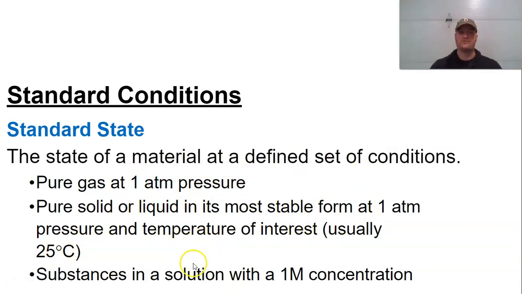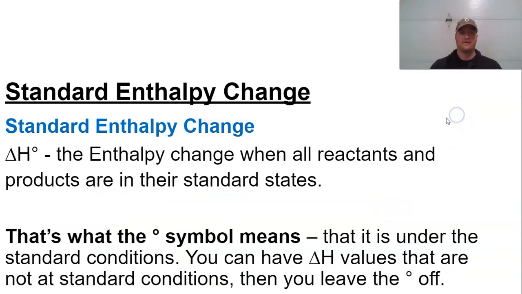So this is our standard state, because then from here, other things can be different based off different pressures, temperatures, and concentrations. So standard enthalpy change, you see that little symbol that looks like a degree symbol, is the enthalpy change when all reactants are in their standard states.